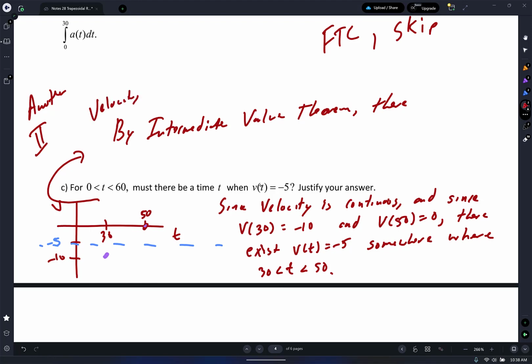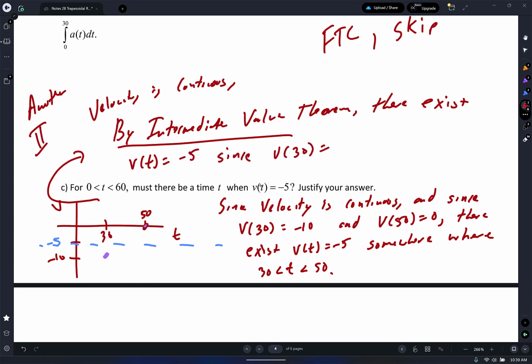Velocity is continuous, by the intermediate value theorem, there exists v of t equals -5 since v of 30 equals -10 and v of 50 equals 0. Done. That would have been full credit also. I kind of like the first one better though.